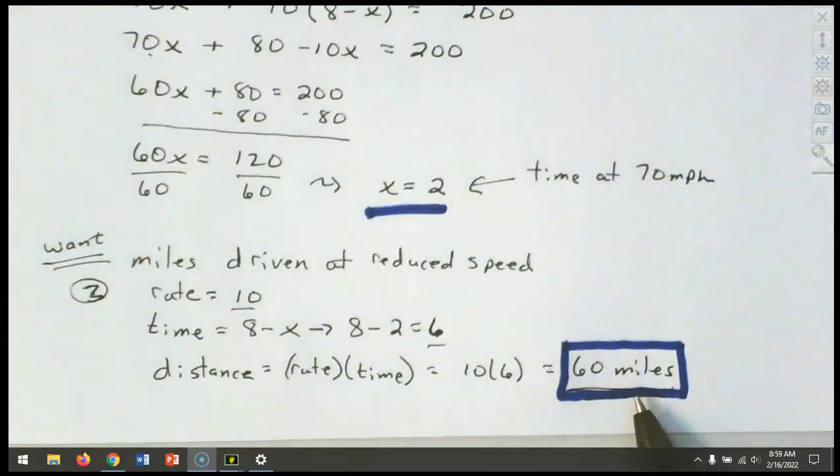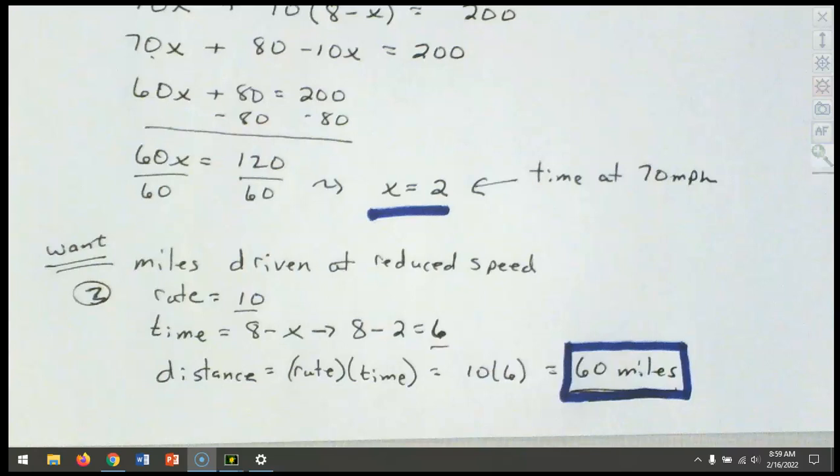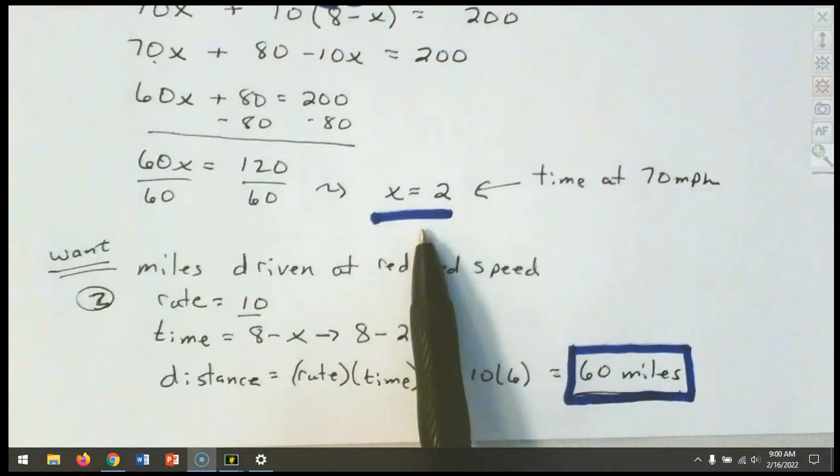140, we add on that 60, we end up with our total miles, which is 200, okay? So that's what we wanted. We know it makes sense because when we add the total miles together, we get 200, which is what it should be. Does everyone see why we couldn't just stop here? X was not what we wanted.